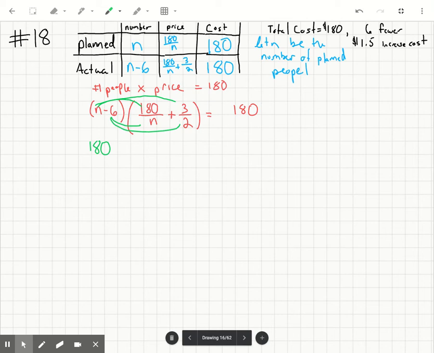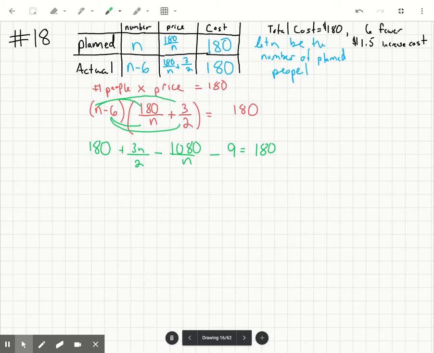That's going to be gone. n times 3/2 is plus 3n over 2. Minus, and what is that going to be? 6 times 100 is 600, times 80 is 480, so 1080 over n, minus 18 over 2, that's just minus 9, equals 180.